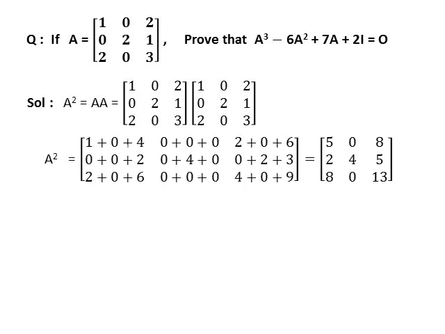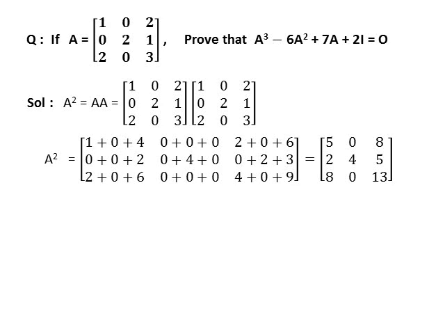Now, following the rule of matrix multiplication, take product of these two matrices as shown. We get a matrix A square of order 3 by 3 with elements 5, 0, 8 in first row, 2, 4, 5 in second row, 8, 0 and 13 in third row.